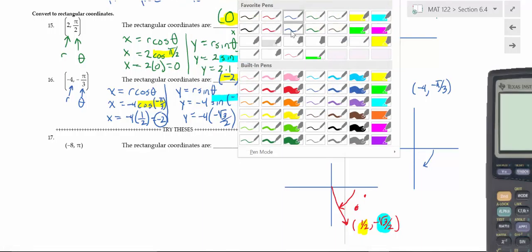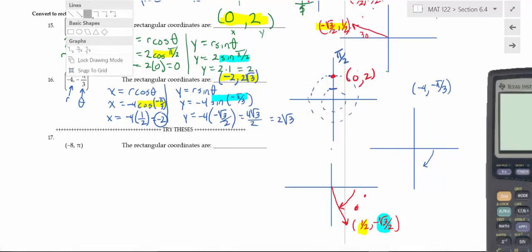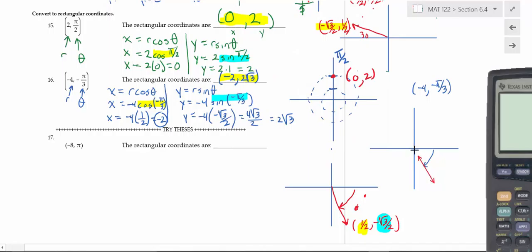Now let me go ahead and draw a diagram on this. You would actually be looking at this pole right here. Since the radius is negative, here's negative pi over 3, that's where it's located.